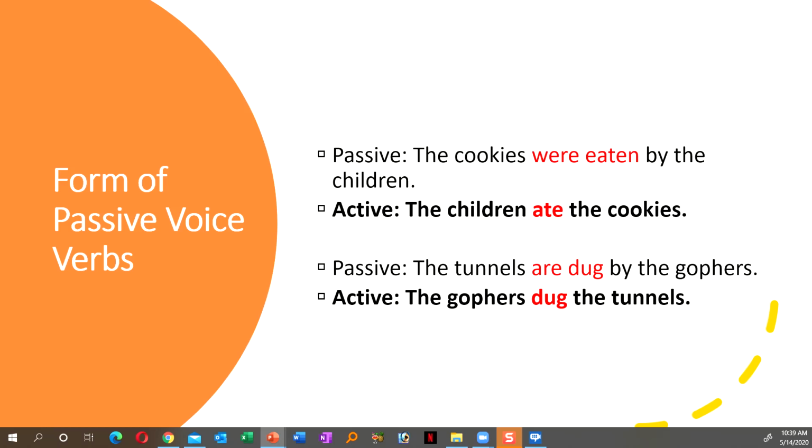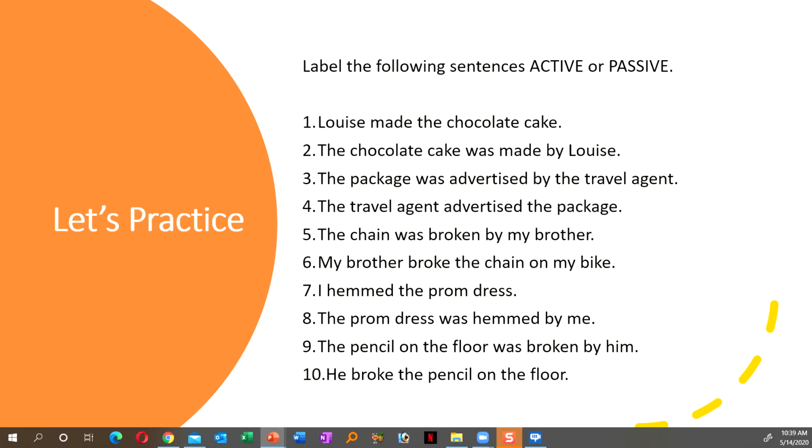So let's practice. All right. Label the following sentences active or passive. Louise made the chocolate cake. Is that active or passive? That is an active sentence for sure. The chocolate cake was made by Louise.